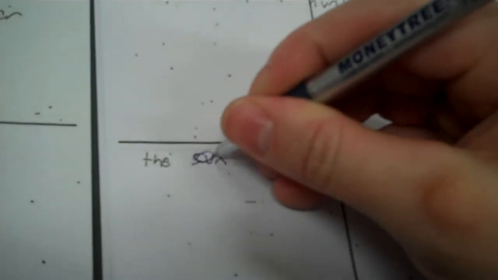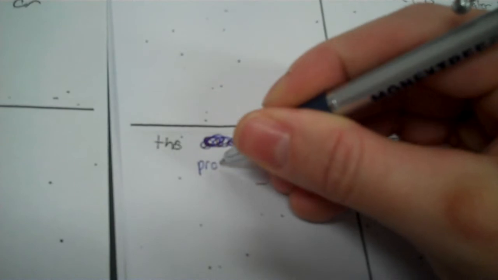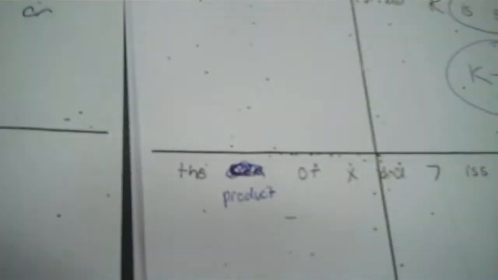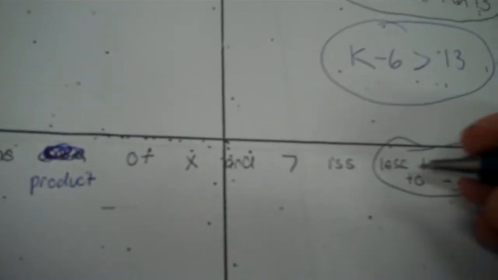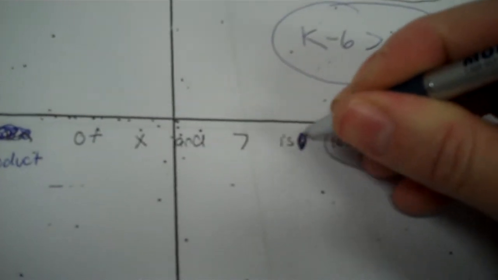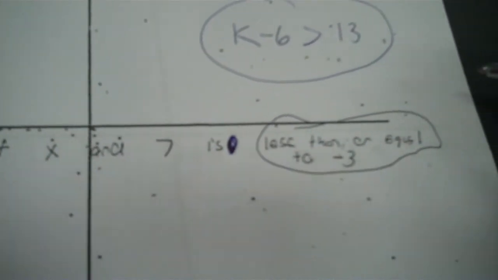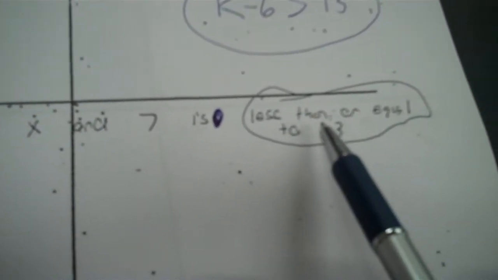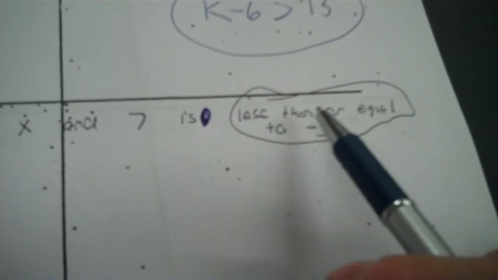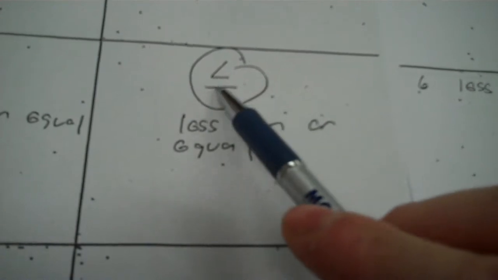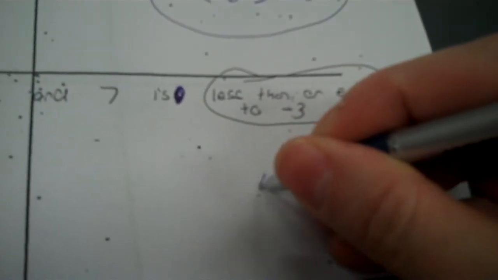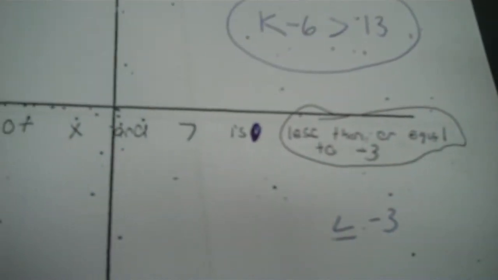Okay, now I want you to cross out the word sum and write the word product, P-R-O-D-U-C-T. The product of X and 7 is less than or equal to -3. So in that circle it says less than or equal to -3. Okay, there's less than or equal, so it's that symbol right there. Then we put the -3 after it.